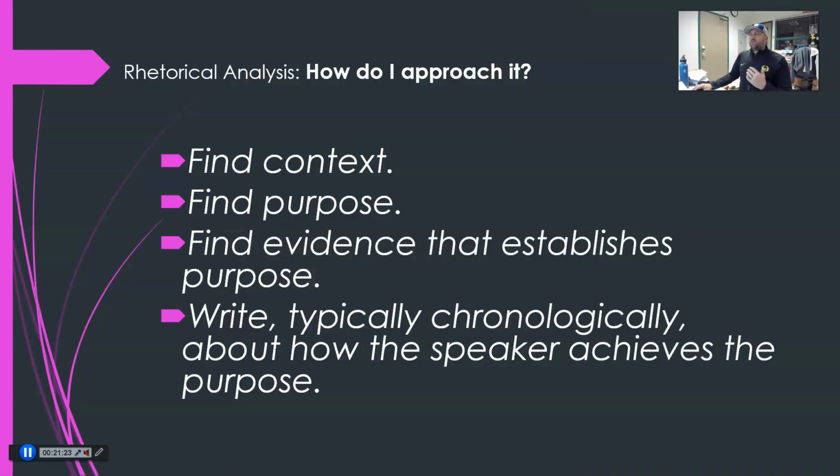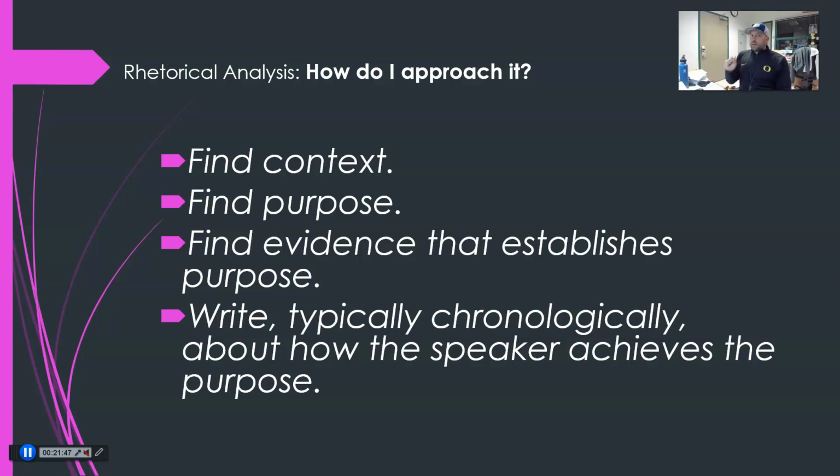So, find the context, find the purpose, find evidence that establishes that purpose, and then write, typically chronologically, about how the speaker achieves the purpose. Find the context in the text. Find the purpose. What is the speaker trying to do? Identify evidence that establishes that purpose of what the author is trying to do. And then chronologically.